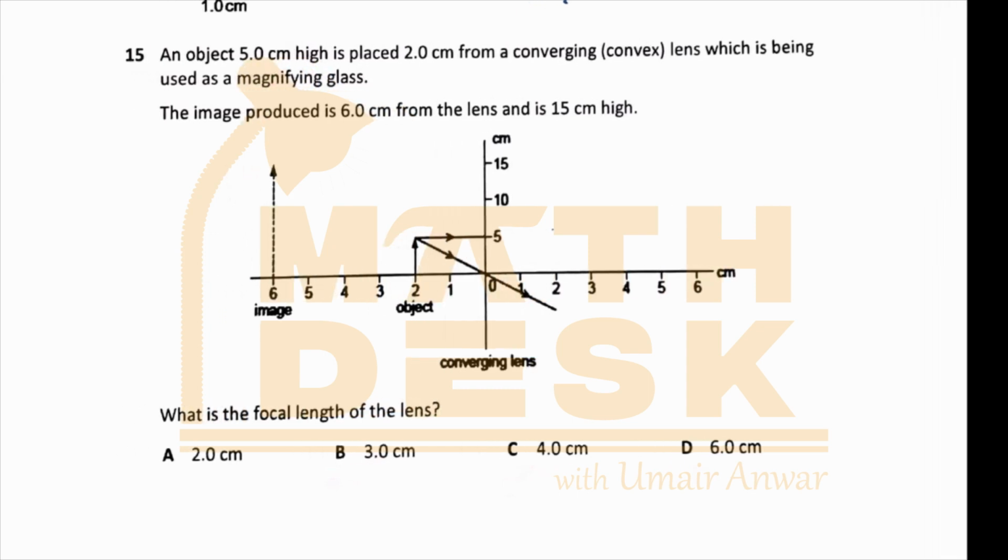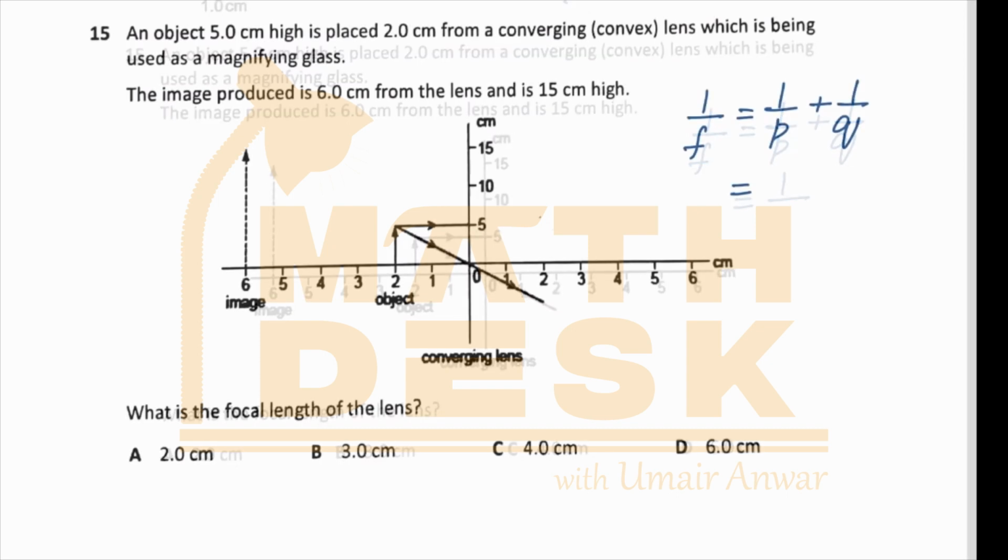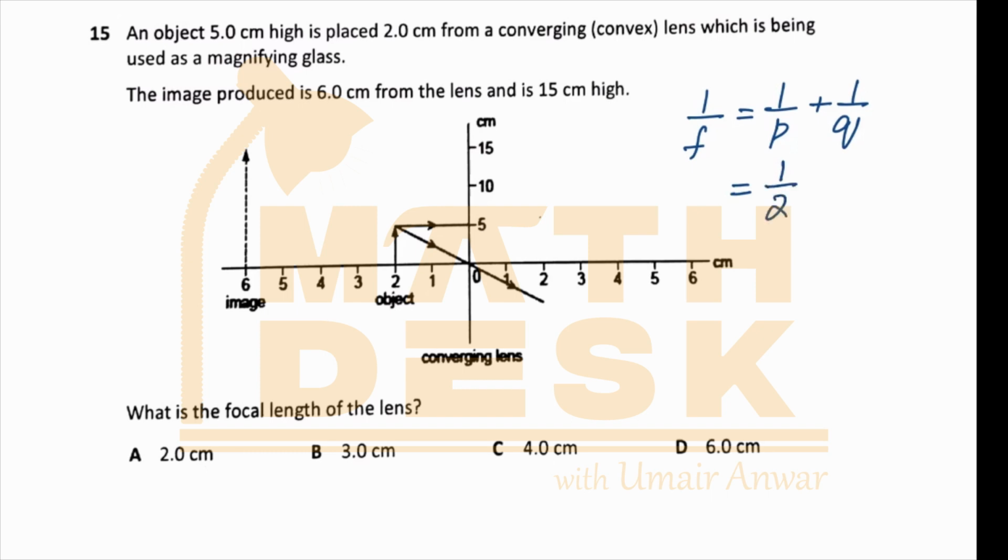For this, we can use a relation to find the focal length of the lens, which is that 1 upon focal length is equal to 1 upon object distance plus 1 upon image distance. The distance of the object is 1 upon 2, and since the image is not real, it is a virtual image, so its distance would be taken as negative.